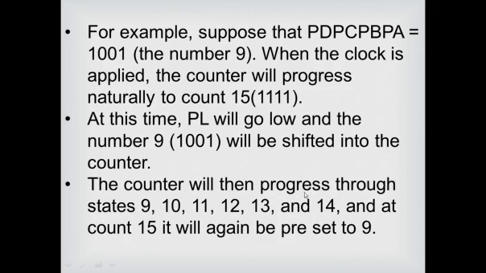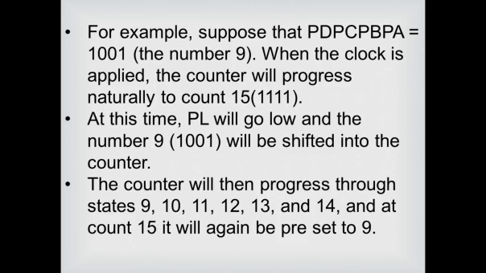The counter will then progress through the states 9, 10, 11, 12, 13 and 14 if the counter is advancing in count up mode. So the counter progresses from 9, then the next clock pulse advances it to the state 10, then 11, 12, 13 and 14, and when the next clock pulse comes, it will go to the state 15, but 15 is an unstable state.